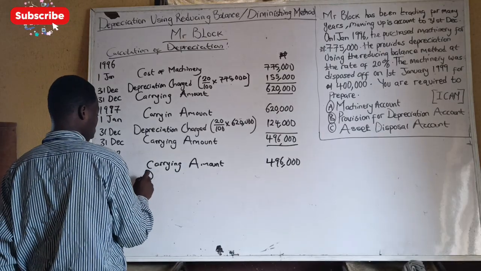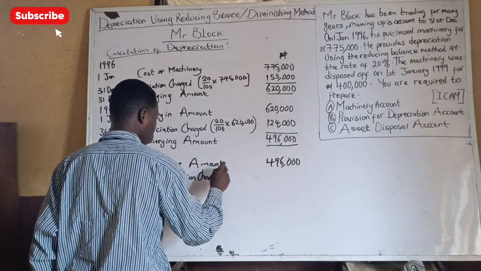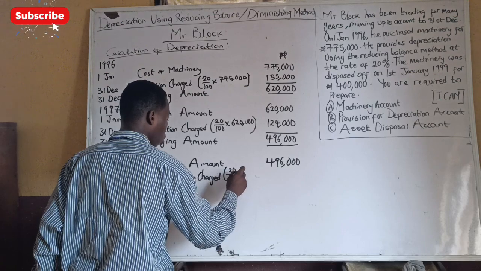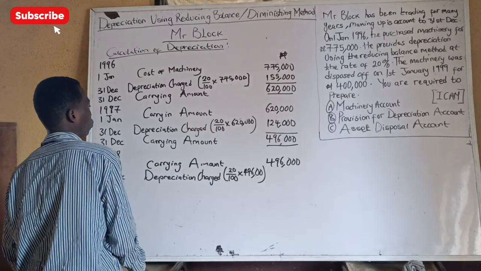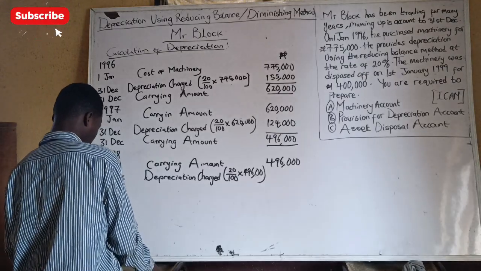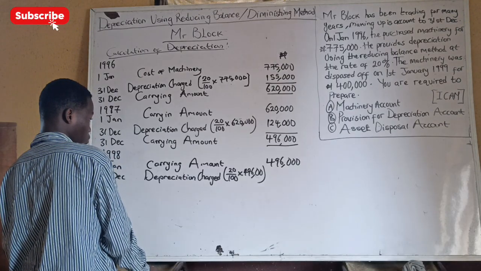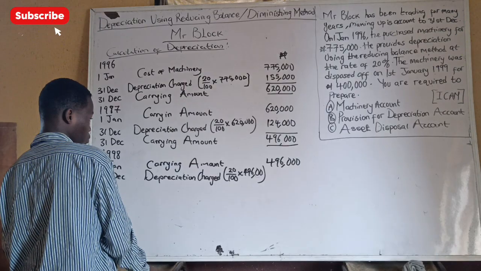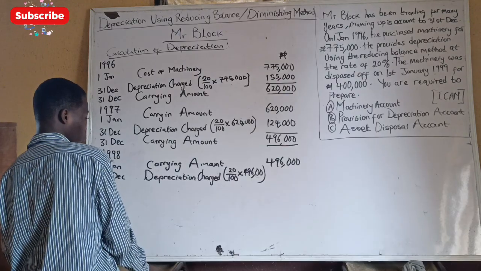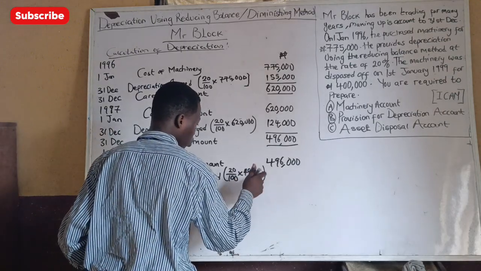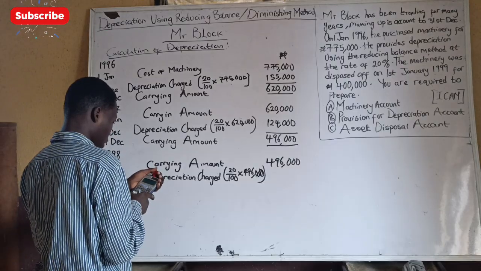On 31st December, depreciation charge: we have 20% of the carrying amount, multiplied by 20 divided by 100.